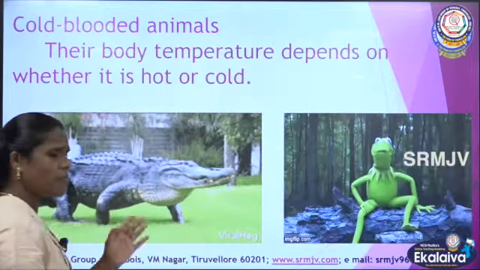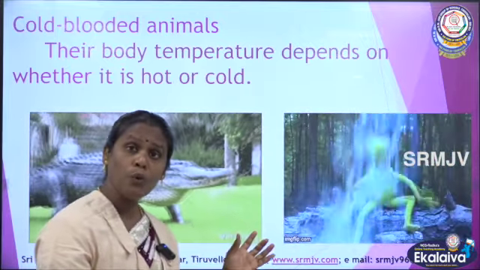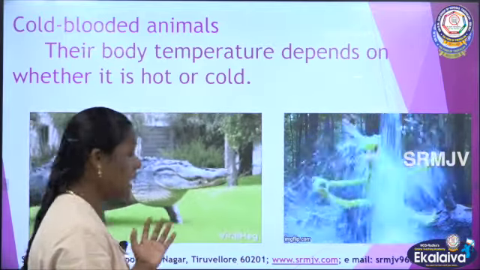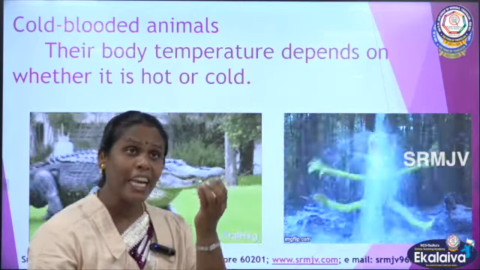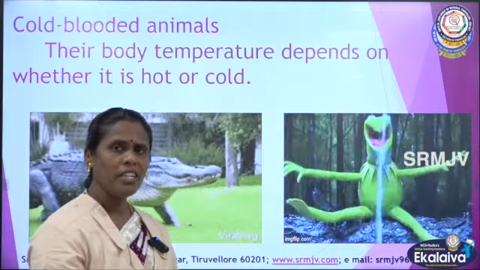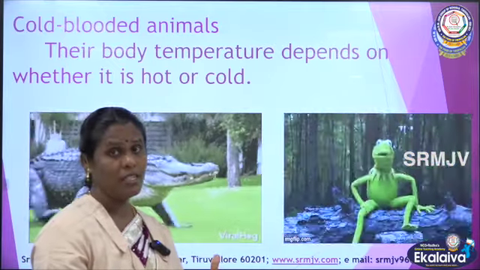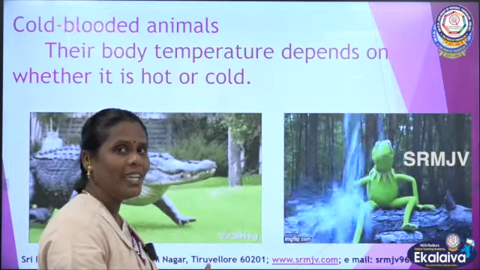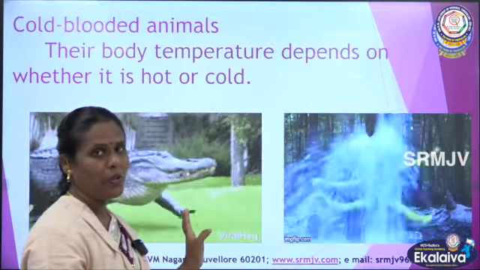See children, when a crocodile feels too cold, it will be inactive. It comes out of the water and gets heat from the sun. After that, when it gets too hot, again it enters the water and cools its body.